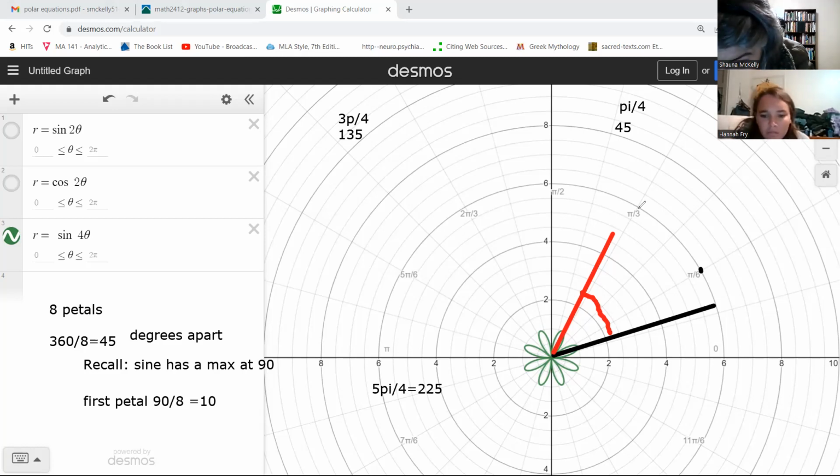So you've got this angle here, okay? So now I've got these are 45 degrees apart. So now this angle, 10 plus 45, which is 55 degrees. Now this line's a little bit over where it should be.